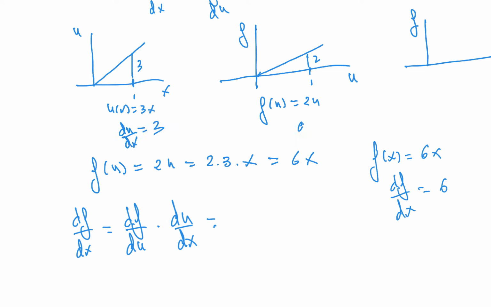The derivative of f with respect to u is 2. So 2 multiplied by the derivative of u with respect to x, 3, equals 6. So we have the same result. Okay, now we go to do more problems.